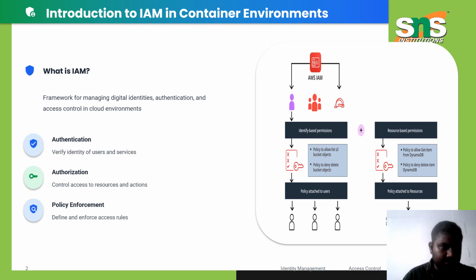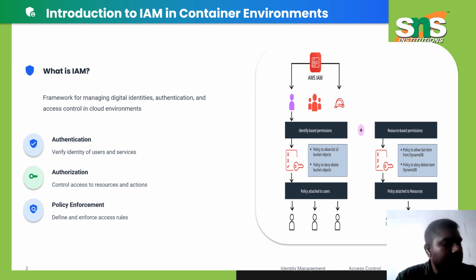What is IAM? A framework for managing digital identification, authentication, and access control in cloud environments. It is also the digital SIM you will identify to access, as well as from the other containers.